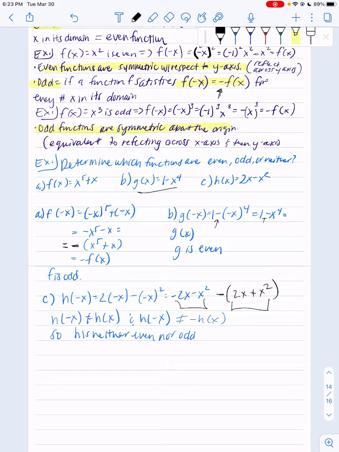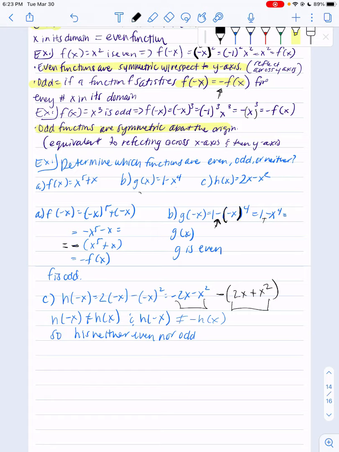Okay, for b, I have g of negative x. Just plug in the negative x to see if it's even, odd, or neither. So I get 1 minus negative x to the 4th. So that's going to be 1 minus x to the 4th, since negative x to the 4th is just x to the 4th. I keep that minus sign there because I have a minus sign here, but then I'm plugging in a negative x.